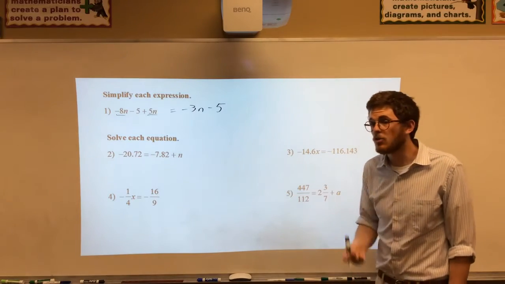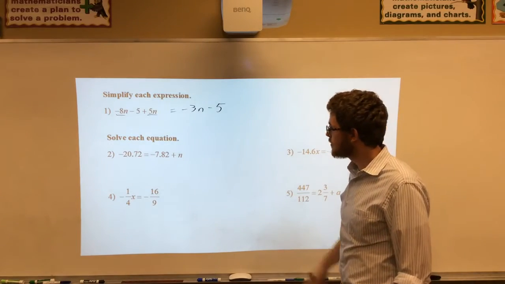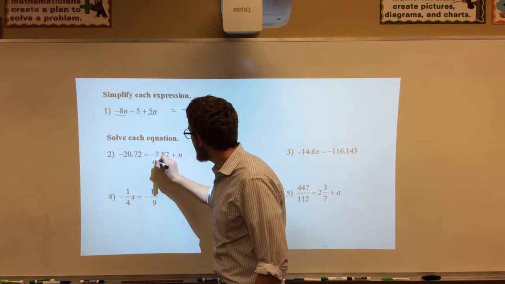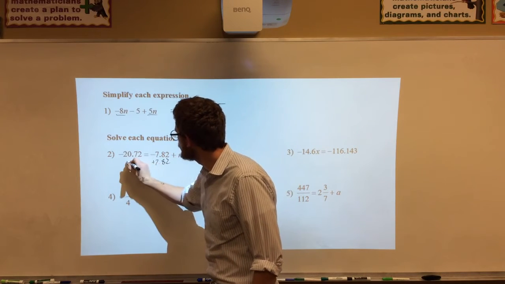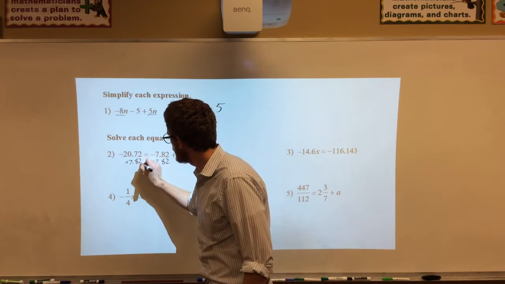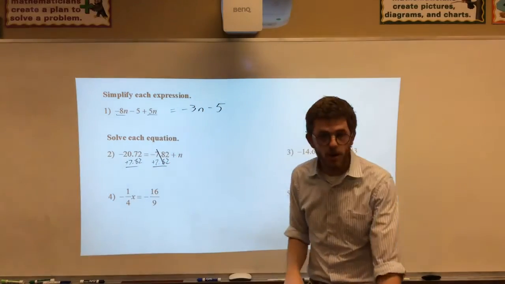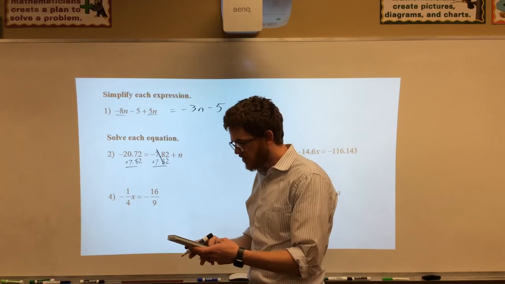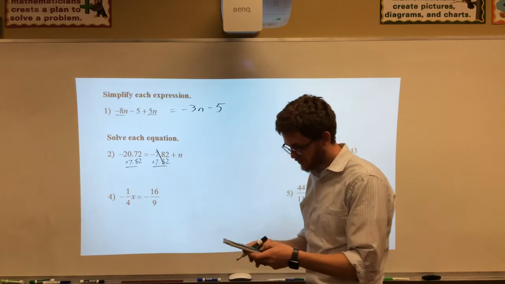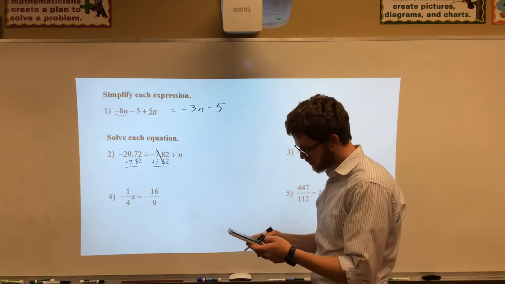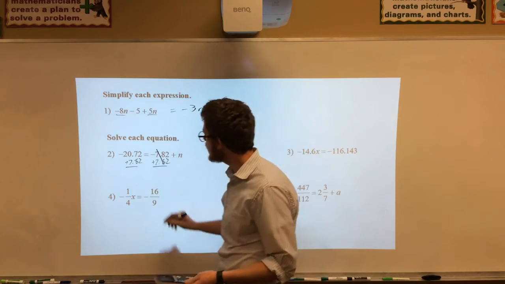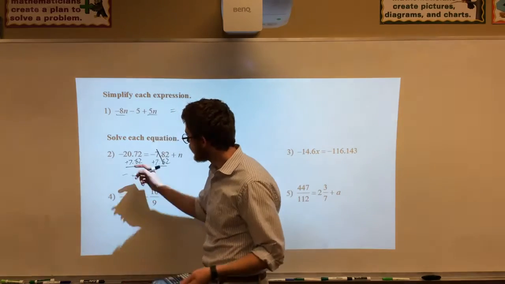Solving each equation, these are one-step equations. And number 2, I would add 7.82 to both sides. Because I'm adding a negative and a positive, I'm going to find the difference. And I take the sign of the larger number.